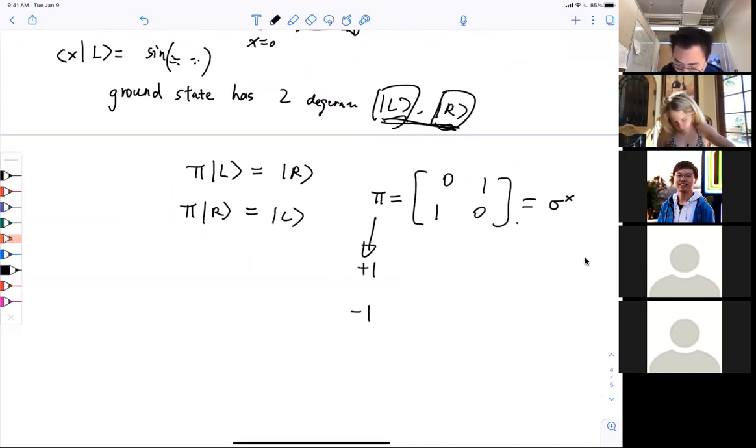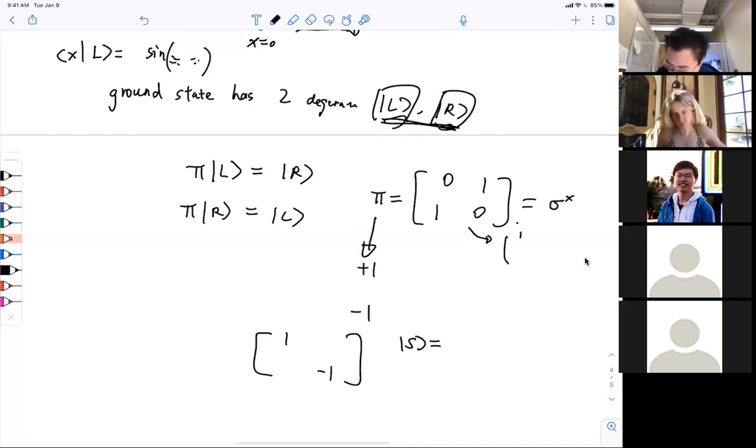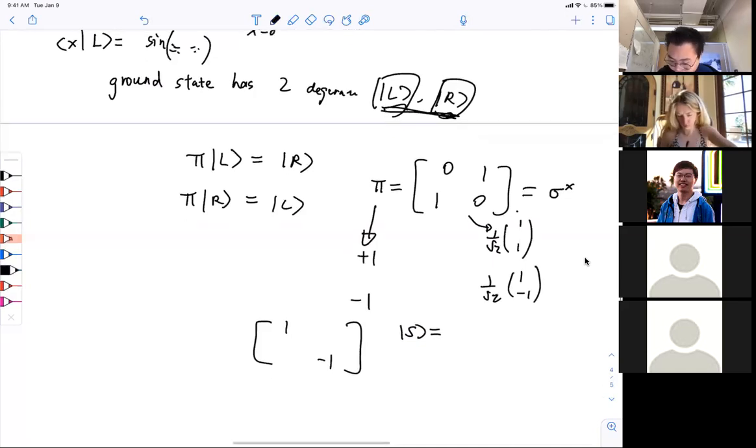And in this new basis, the eigenvectors are 1, 1 and 1, -1, right?